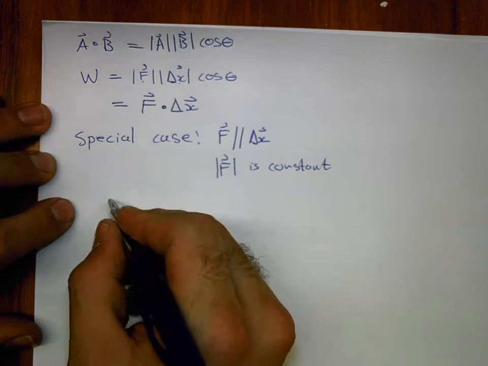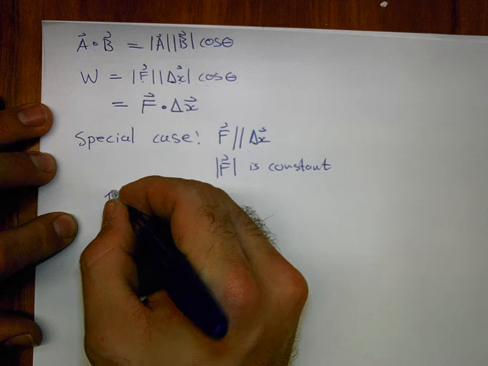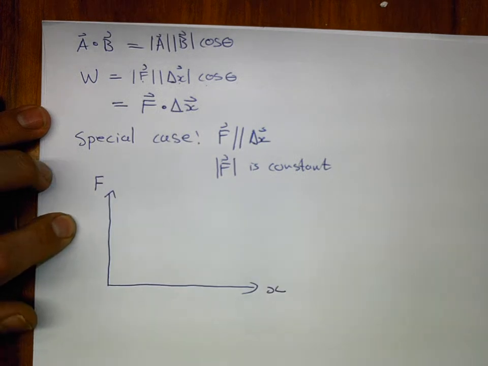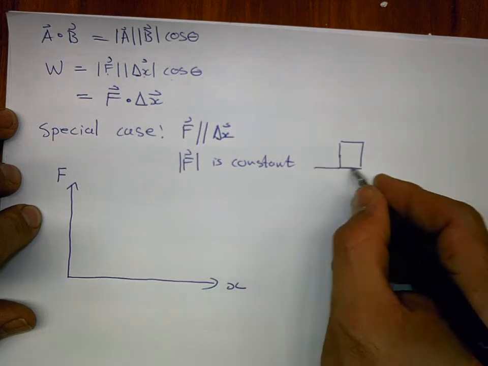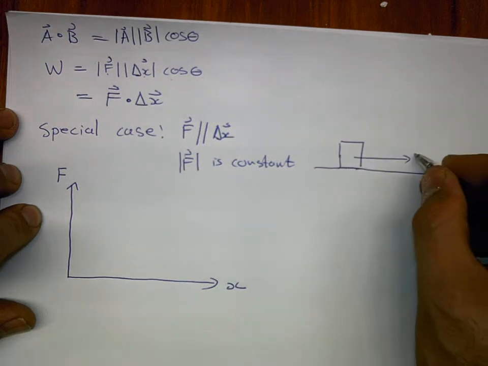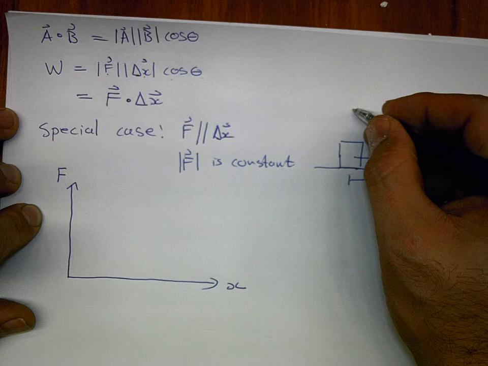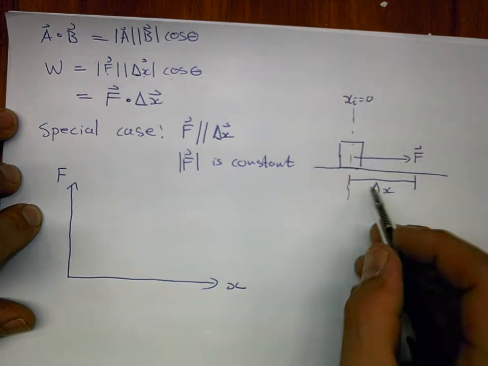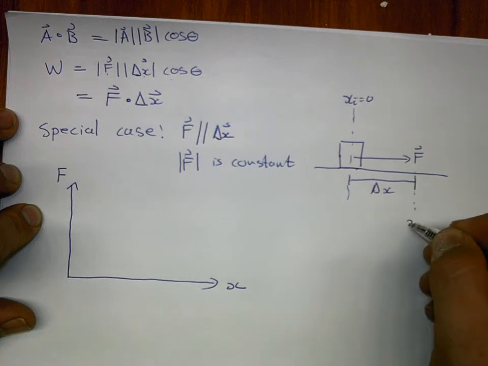So what this means is, if I were to draw a graph of the force and the position of whatever object it's acting on, let's just get ourselves a picture. Let's say that's a box. This force is being applied in that direction, and it causes a displacement like that. Let's say this box started at x initial equals 0, and it then is displaced to a certain point, x final.